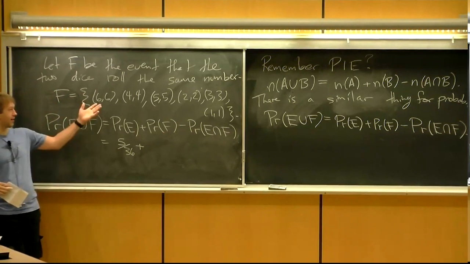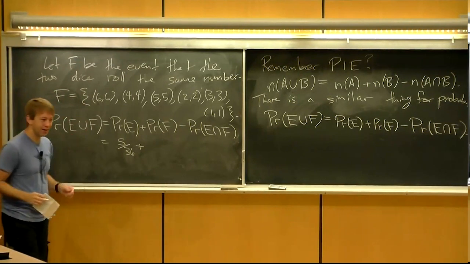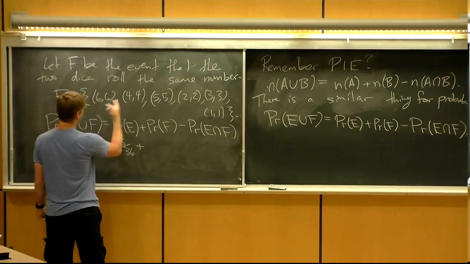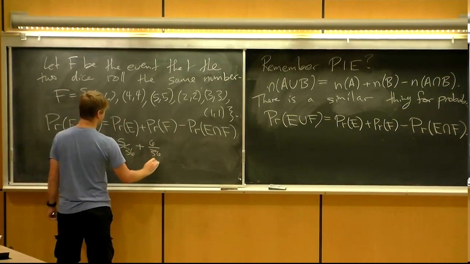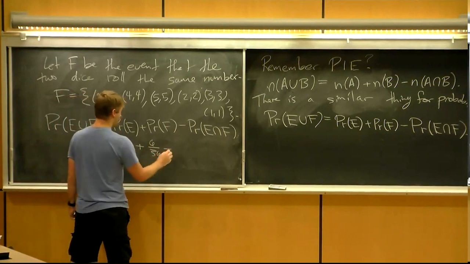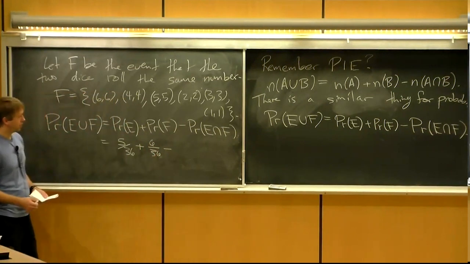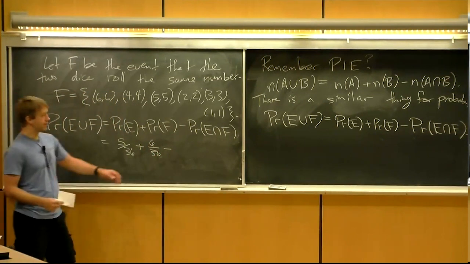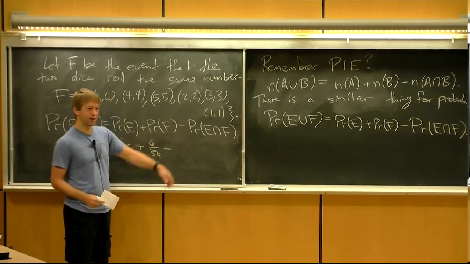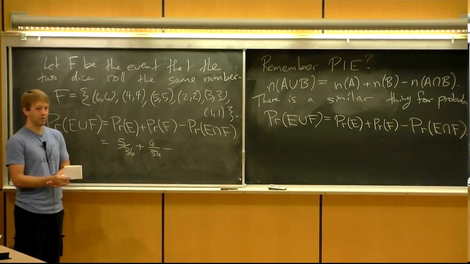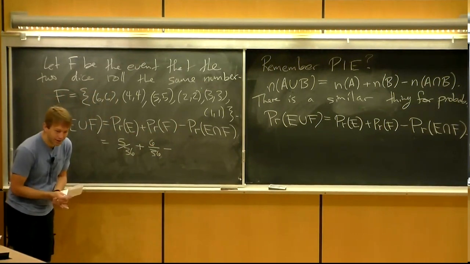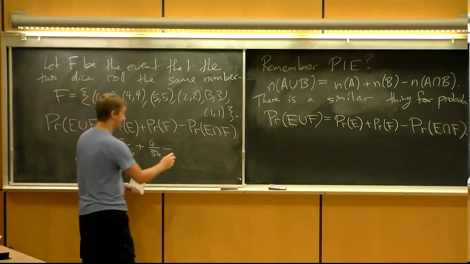Yep, because you've got 6 possibilities here, and they're all equally likely. So 6/36. Can anyone see off the top of their head what the probability of E intersect F would be? Yeah, 1/36.